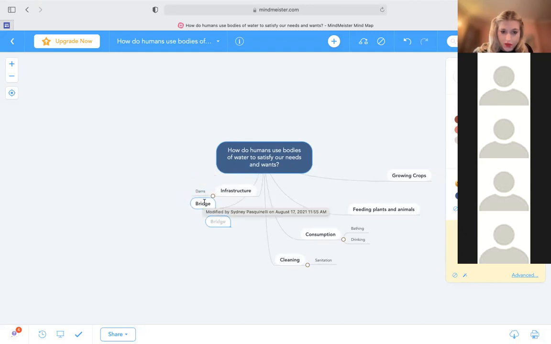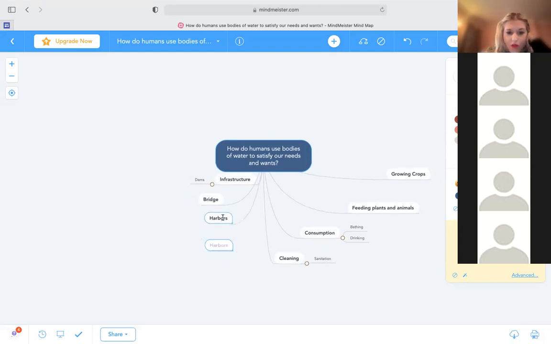All right, bridges, harbors. So harbors meaning like a port where boats can pull up, right? Sewage, good. That's another one that we definitely infrastructure, sewage and draining. So we can't have our drinking water going through the same pipes that our sewage is going out of.